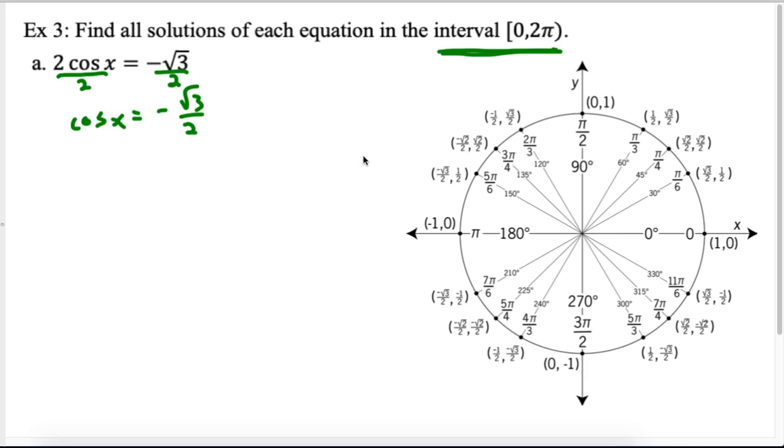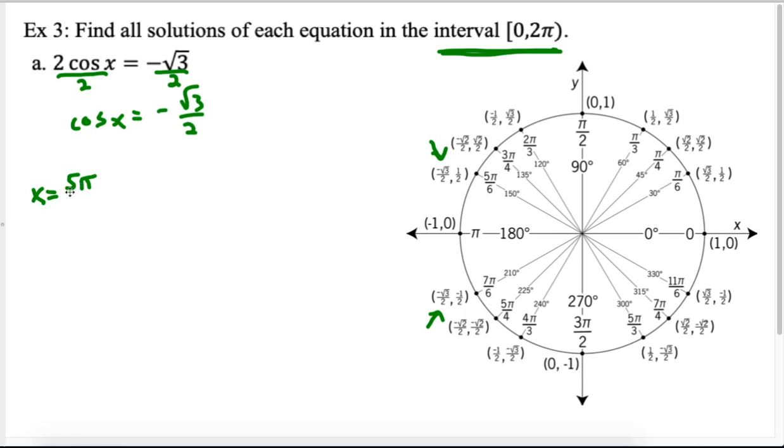So again, we want to go to the unit circle and see where cosine, which is the x value, is negative square root of 3 over 2. So that's going to be here and here. So my values would be 5 pi over 6 and 7 pi over 6.